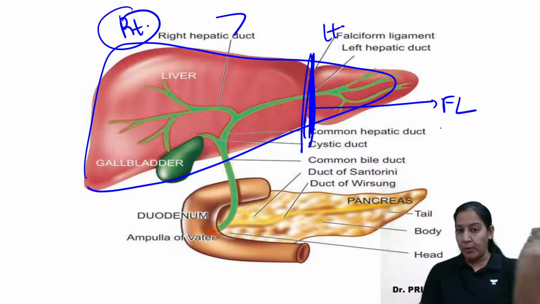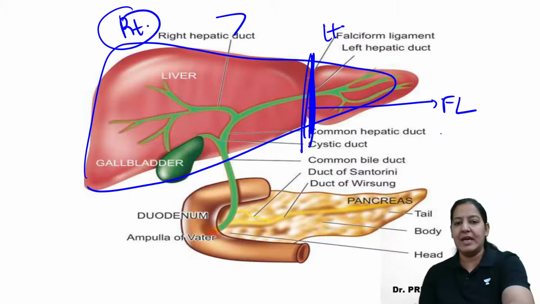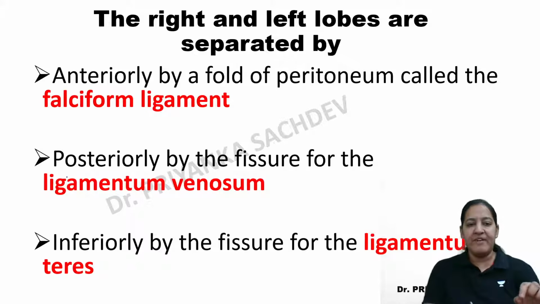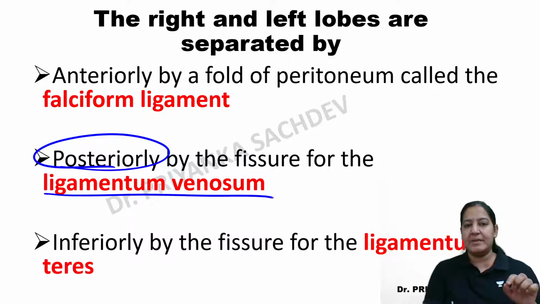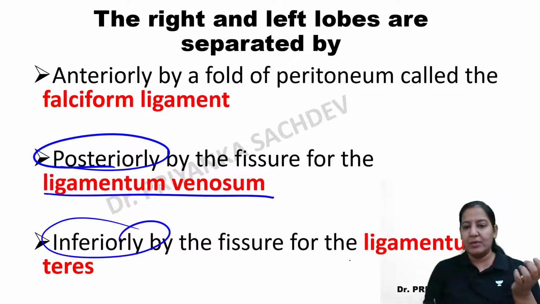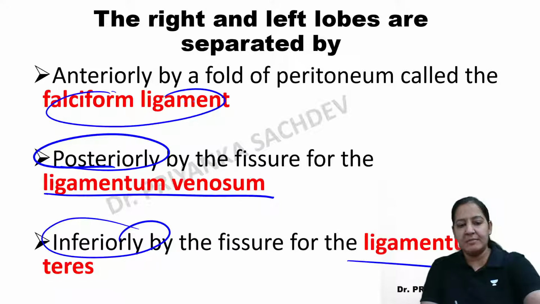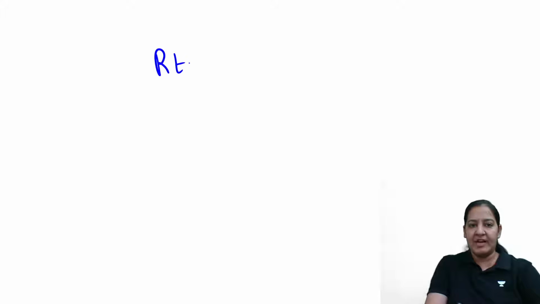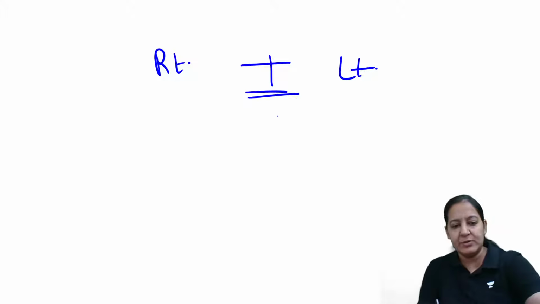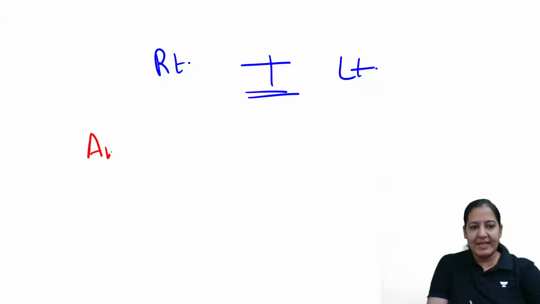The same ligament on the posterior surface of the liver is known as ligamentum venosum, and inferiorly, it is known as ligamentum teres. So what I am saying here is that the right lobe of the liver is connected with the left lobe of the liver with the help of the ligament. Name that ligament: anteriorly, what is the name?